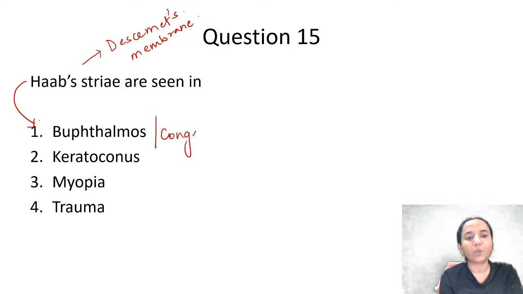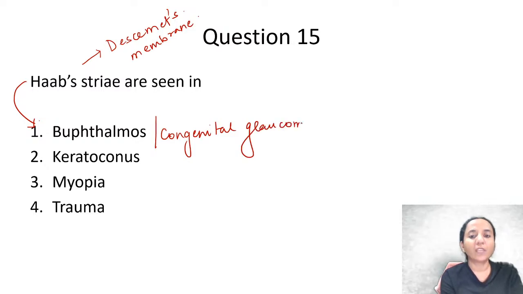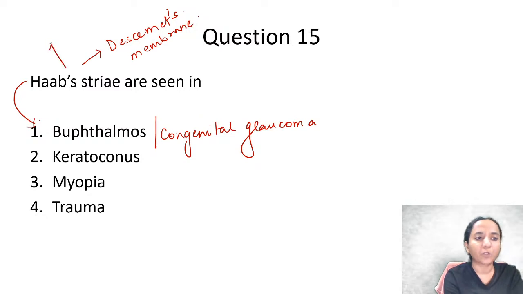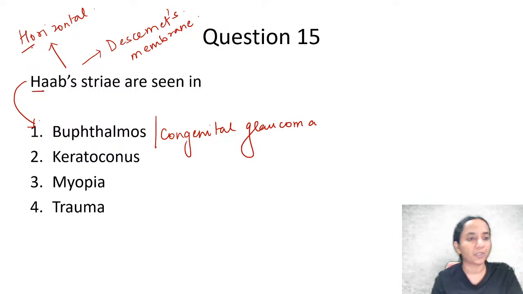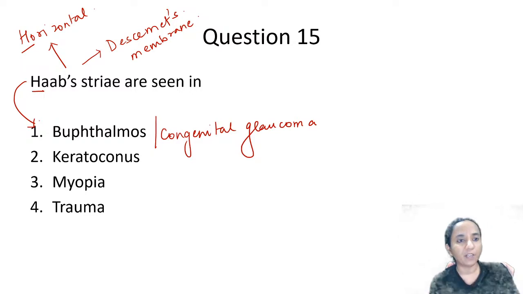So buphthalmos or congenital glaucoma, this is where we get to see Haab's striae. Please remember these Haab's striae, they are horizontal in direction, and we remember it as H for H. So these are striae on the Descemet's membrane seen in buphthalmos, and they are horizontal in direction.